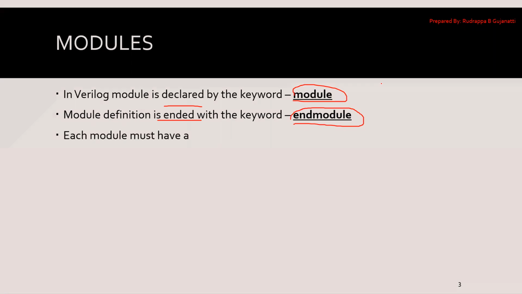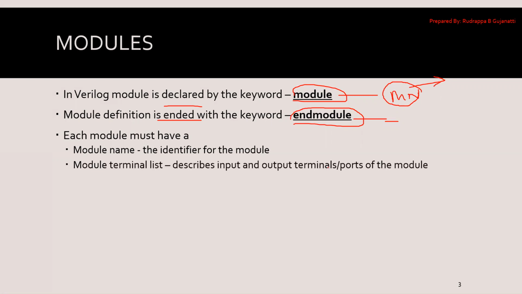Now, each module must have some specifications, that is, there should be a module name associated with it. I start the module, but some relation has to be there. So we should have a module name so that I can utilize it. This acts as an identifier.